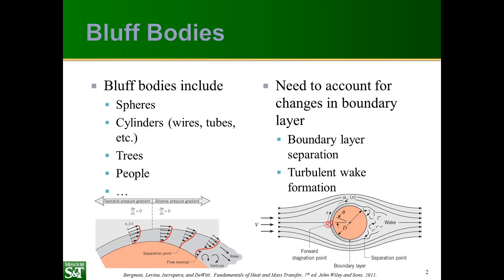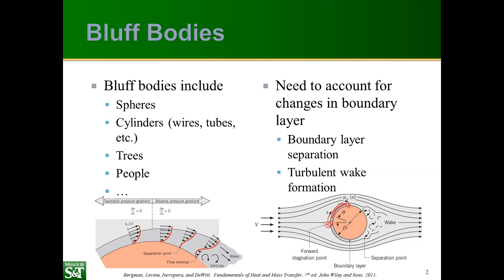And then the flow speed varies around the edge of the object to a maximum here at 90 degrees from the front. So you have pressure gradients based on Bernoulli's equation. That makes it much harder to predict the Nusselt number. It's going to vary depending on position around the edge of the object.